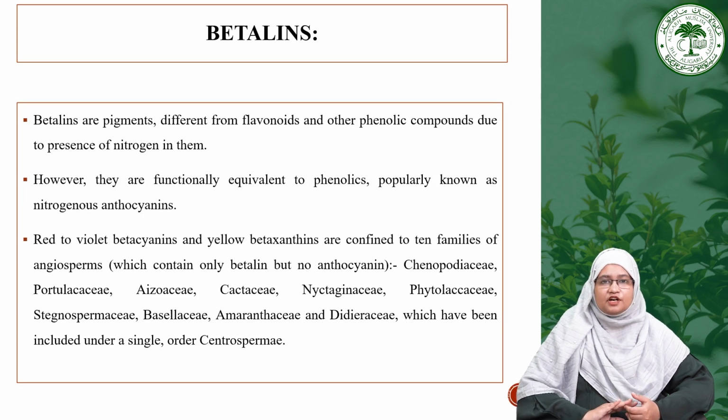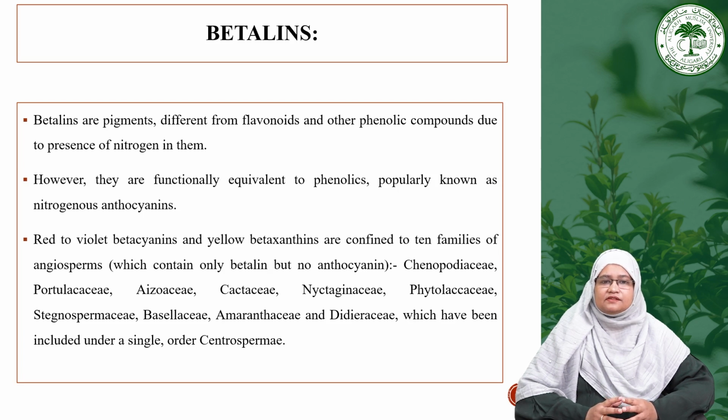Then the next compound is the betalains. Betalains are pigments that differ from flavonoids and other phenolic compounds due to the presence of nitrogen in them. However, they are functionally equivalent to phenolics, popularly known as nitrogenous anthocyanins.